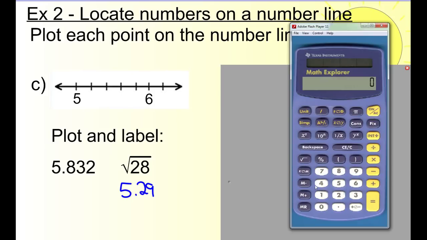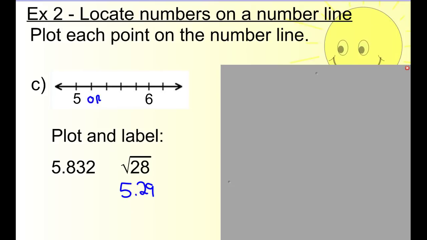I can show you a little trick. Between each number, you're dividing it by 5 spaces. That's how big each space is, 0.2. So it'd be 5.2, 5.4, 5.6, 5.8.